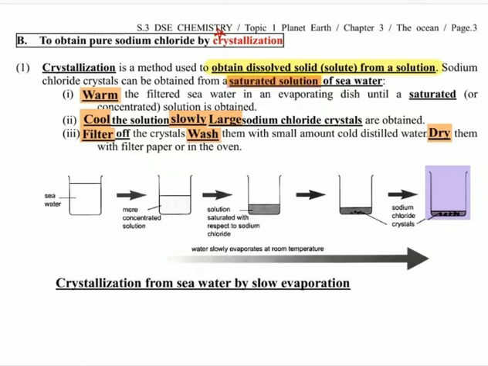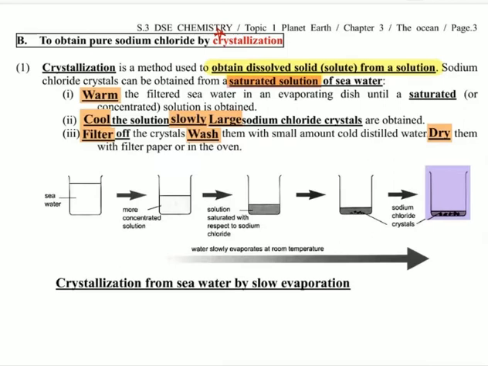Because seawater may not be saturated, since we can still add some more sodium chloride and it can still dissolve. Saturated solution means it cannot dissolve any more solid inside. So what we need to do is to first make the seawater become saturated. How can we make it become saturated? By evaporating some of the water inside.